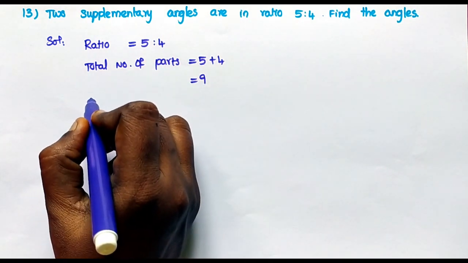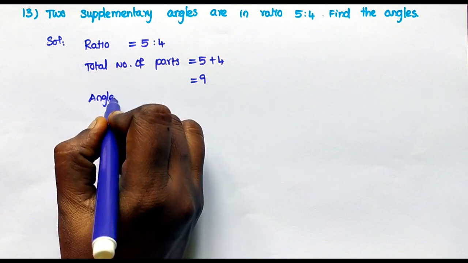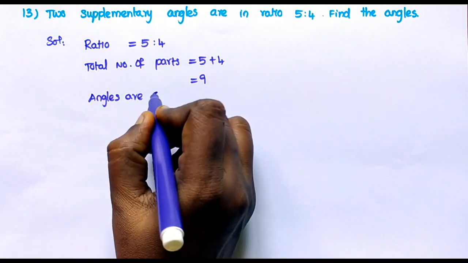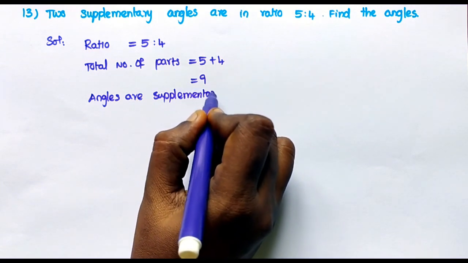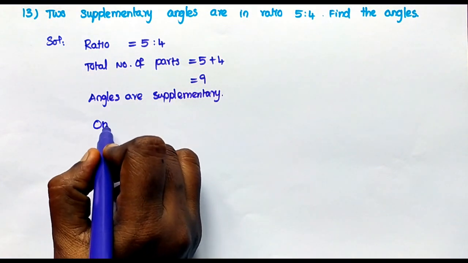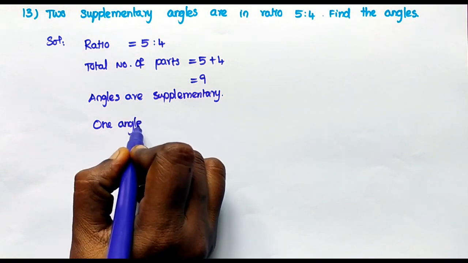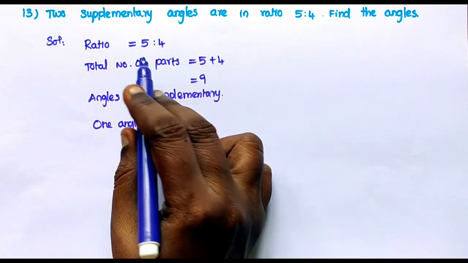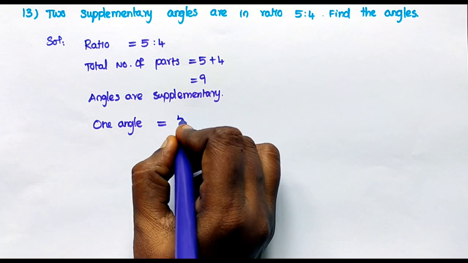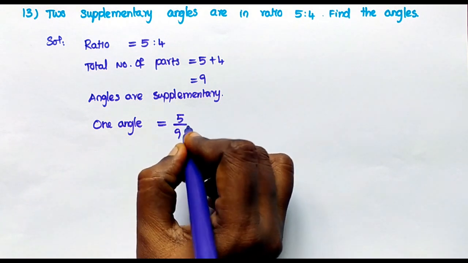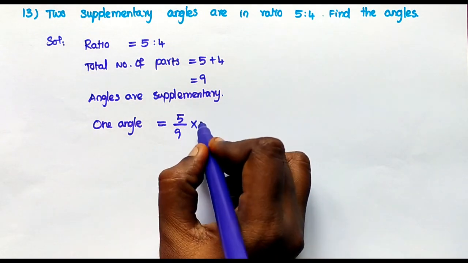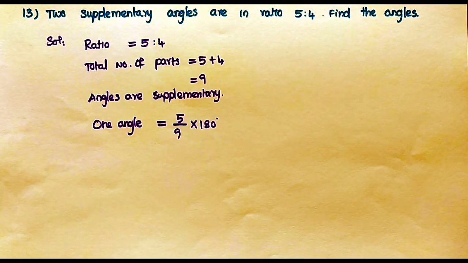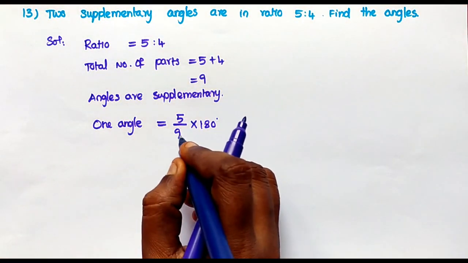The angles are supplementary. One angle equal to, first angle is 5 parts. So 5 parts out of 9 from how much?